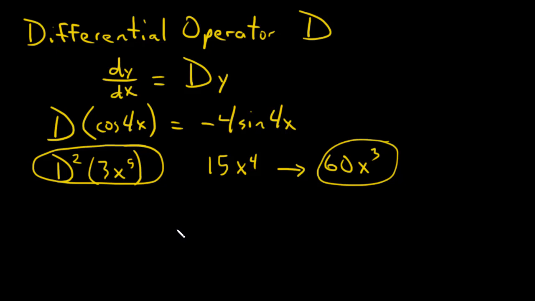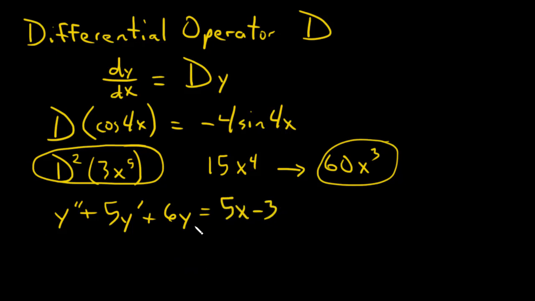Now, here's the kicker, okay? We can actually make polynomials of this operator, the differential operator. So let's say I have y double prime plus 5y prime plus 6y equals, I guess, 5x minus 3.